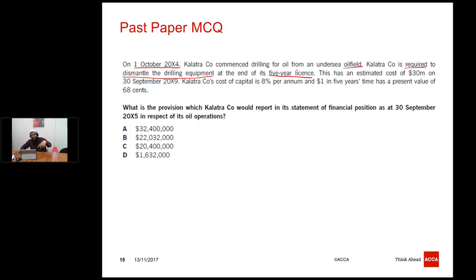So after the exploration of the oil, we obviously have to remove the equipment that we have installed. This has an estimated cost of $30 million, on 30th September 20x9.